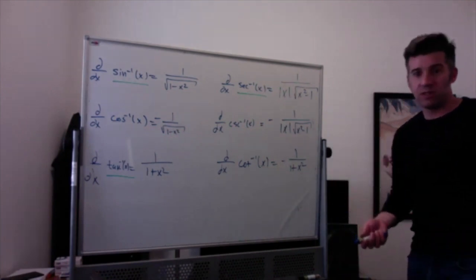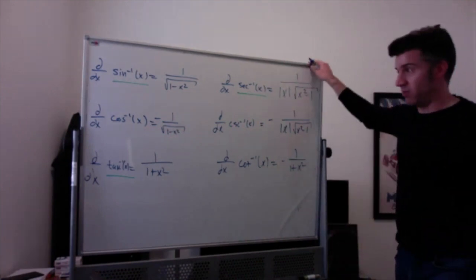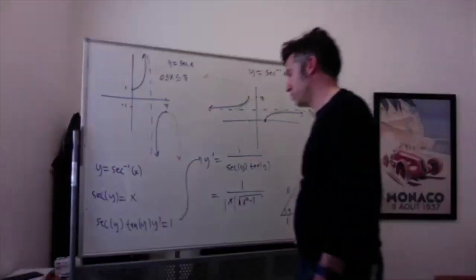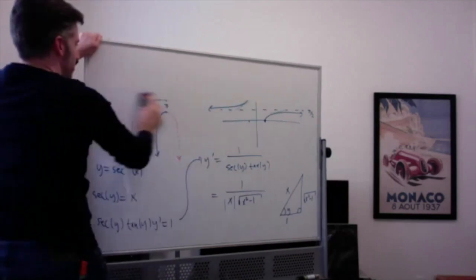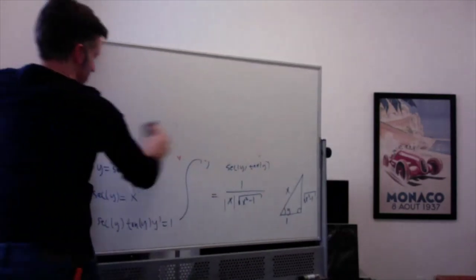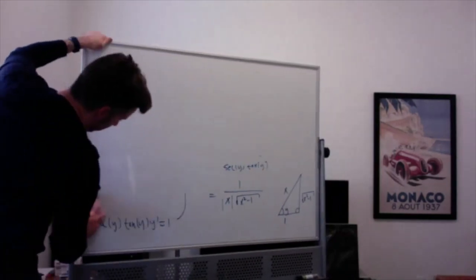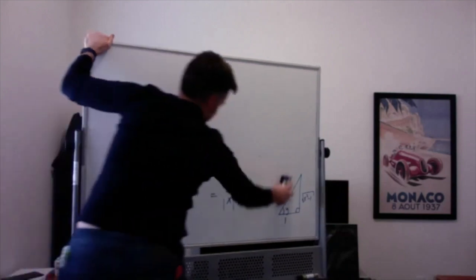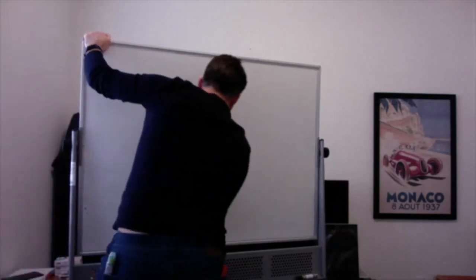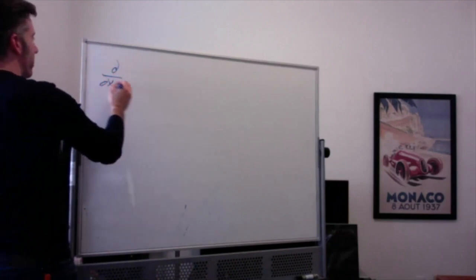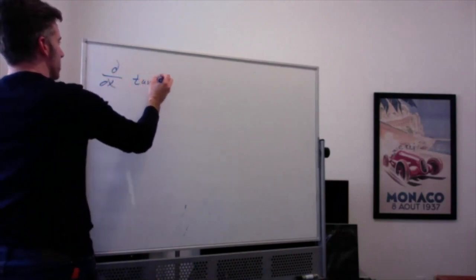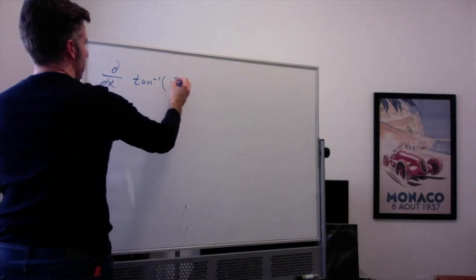And then, of course, we can go on and do some chain rule versions of these. And then we will do some related rates, because we need to talk about related rates. Okay, so chain rule version, we can take the derivative of the inverse tangent of x cubed plus 5.